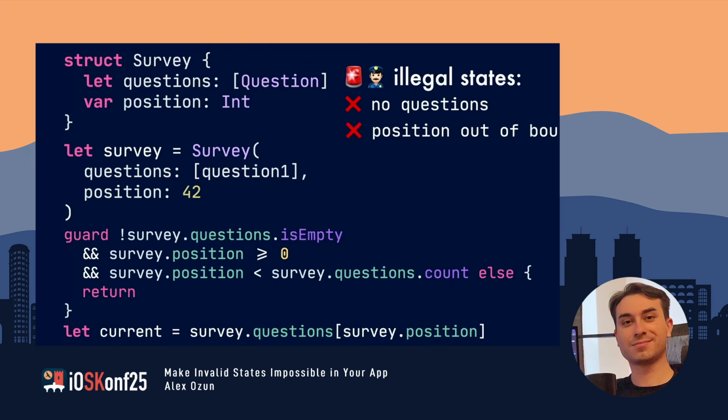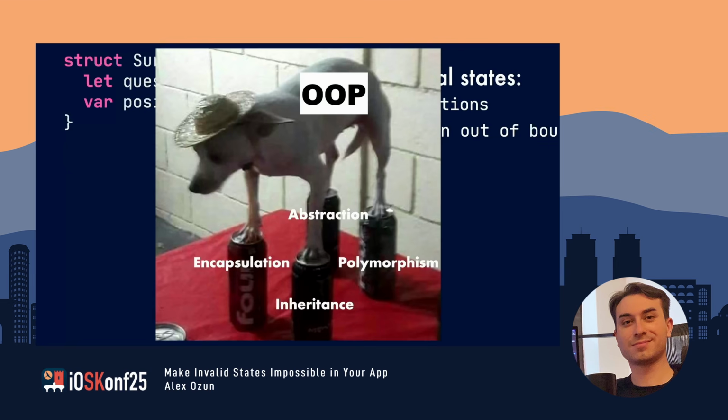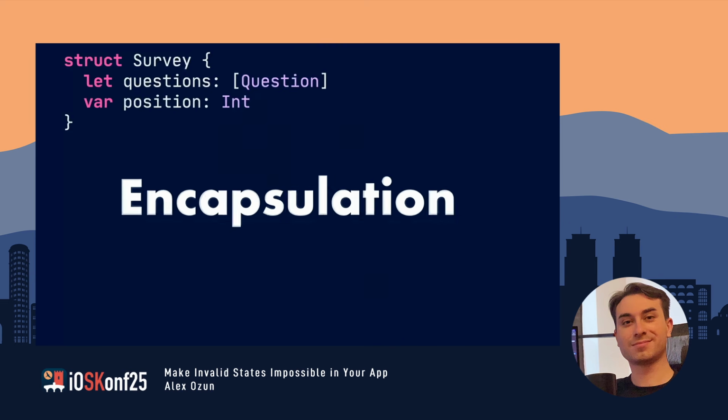Very good. But then you might think, okay, this data structure is kind of a pain in the butt. We need to perform all these checks all the time. How can we save the user from this pain? Well, let's go to object-oriented programming. And if we look at the 4 pillars of object-oriented programming, one of them, and perhaps the most important one, I guess this is subjective, is encapsulation.